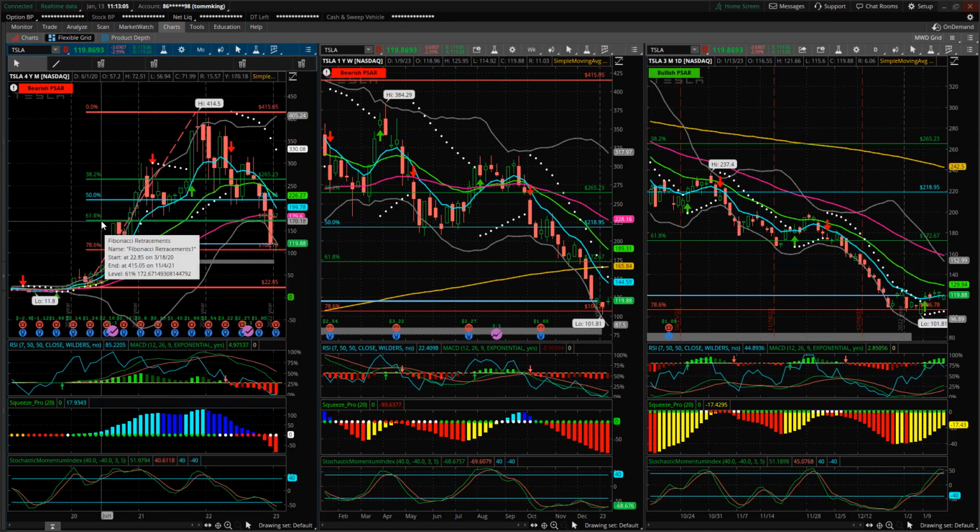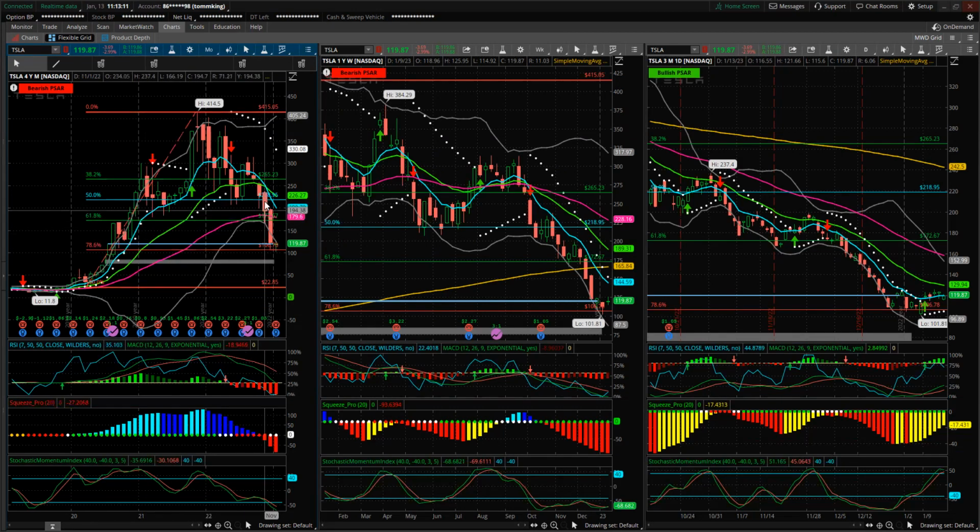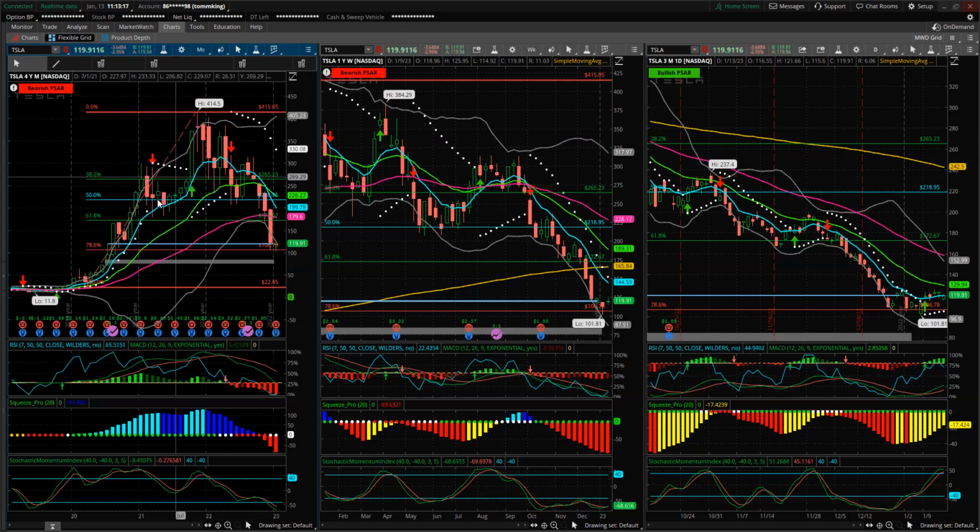The 618 holds more weight to me than any other Fibonacci level. So I would be looking there for reversals if we're trying to trade short term, something along those lines, or longer term.